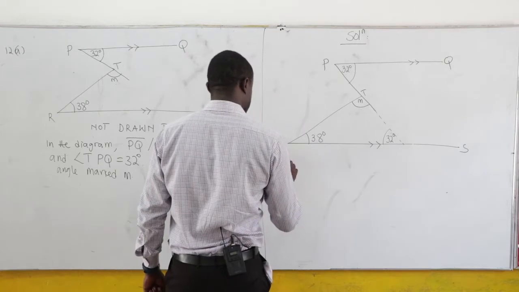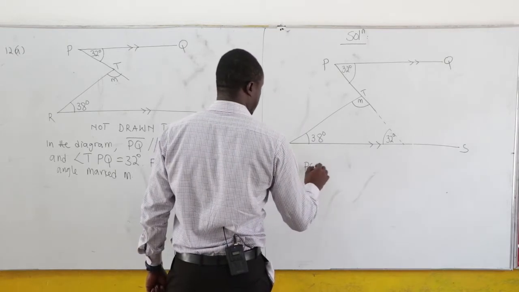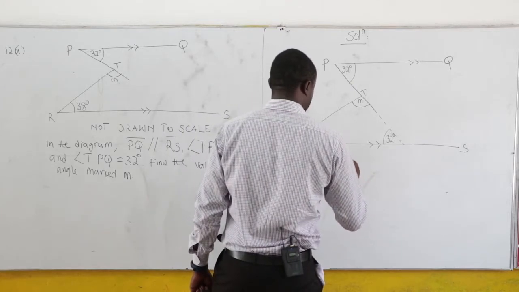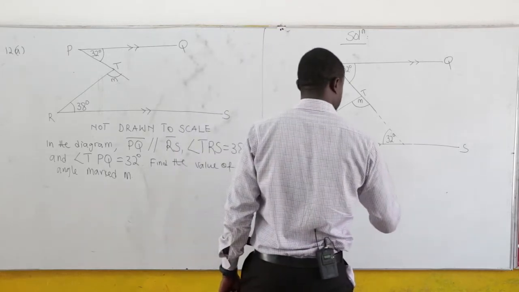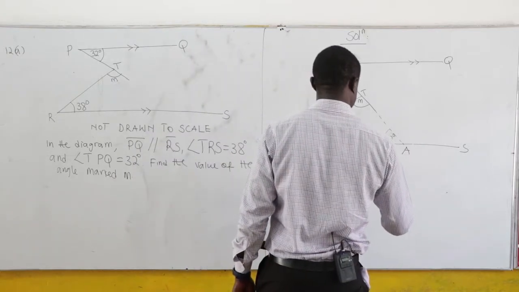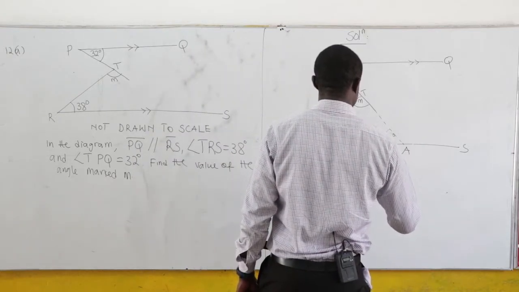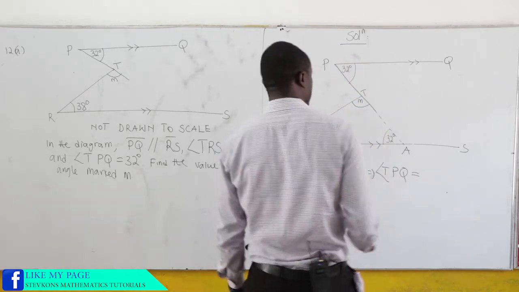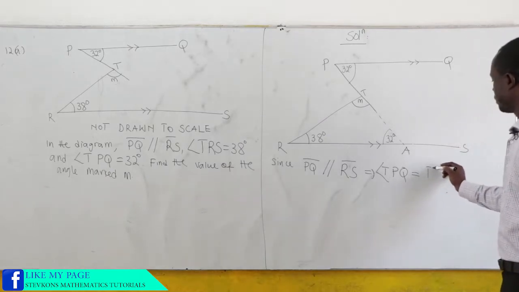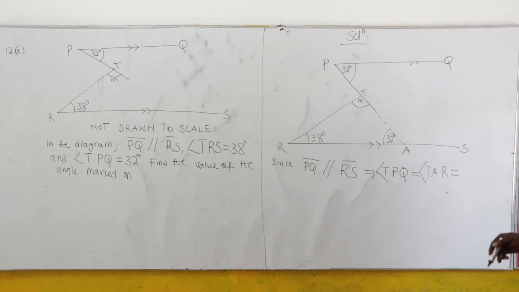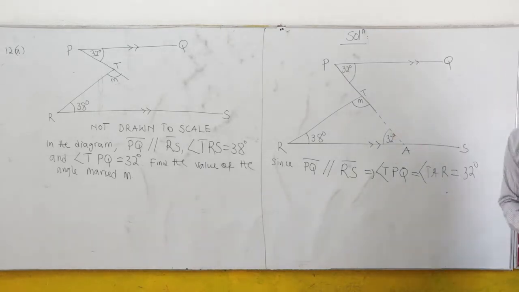Since PQ is parallel to RS, let me name here A. Clearly, angle TPQ is equal to TAR, and this is the same as 32 degrees. So this angle is the same as that angle.